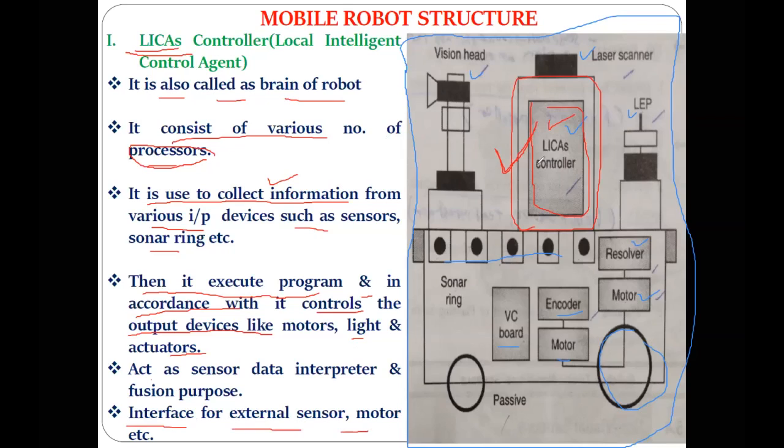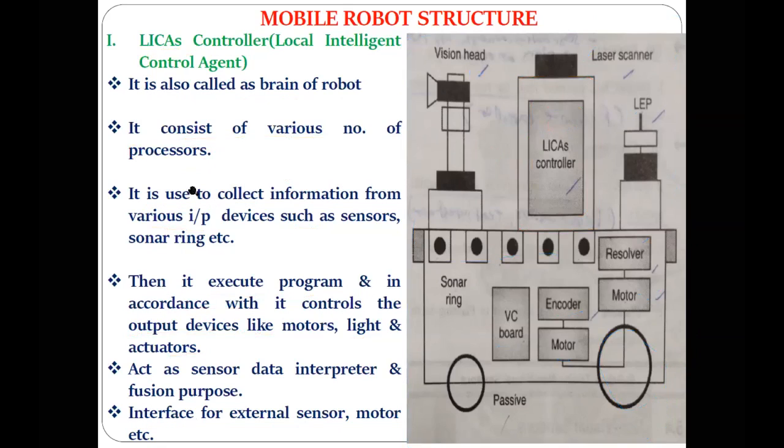So this is the main component of the architecture of the robot, where its function is to accept the information, process it, and according to that, the action is performed by the other output devices. So this is the first component. Understood this one?